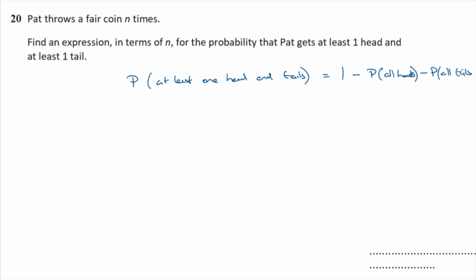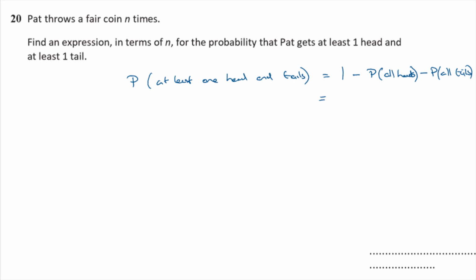Does that make sense? Because if you've got all heads, you don't have at least one tail, and if you've got all tails, you don't have at least one head. They're the only outcomes that we really don't want. All the other ones will be at least one head and one tail, and I don't know how many heads or tails, doesn't really matter. At least there's one of them, so that's all fine.